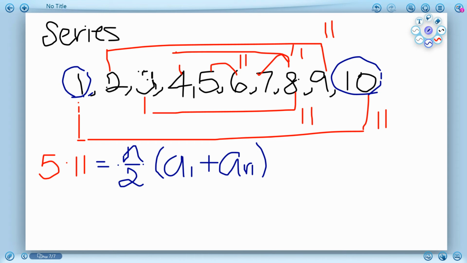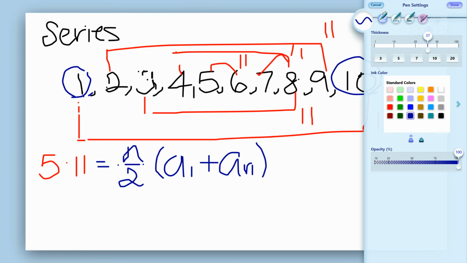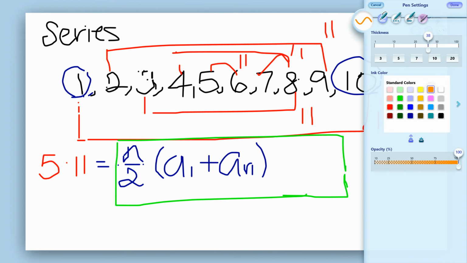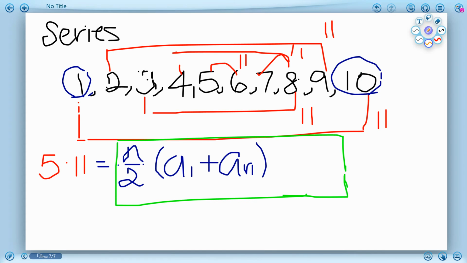So this right here, the one that we just generated, that you may not feel very comfortable with using yet, is another one of our formulas, the series of an arithmetic sequence. Now, how are we going to denote this? Since we're looking for the sum of all of this, we're going to note it as S sub n. So we're looking for the sum of the first nth terms right here.